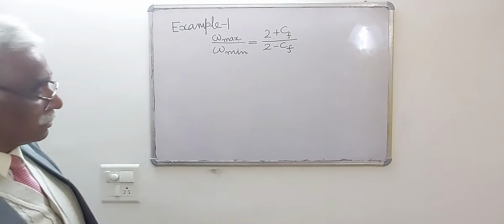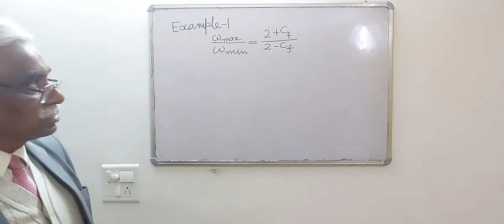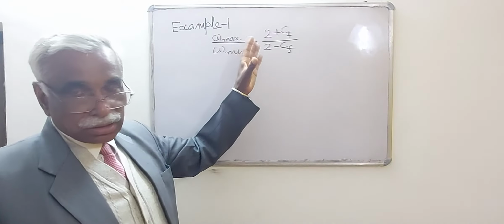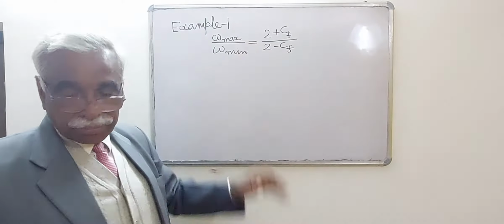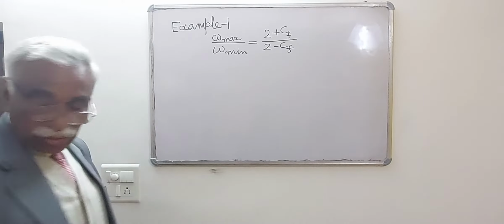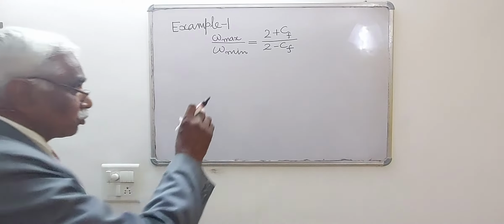It is indicated like this. And their ratio is given by this. Prove that their ratio is 2 plus CF divided by 2 minus CF, where CF is the coefficient of fluctuation of speed. You have to prove it.